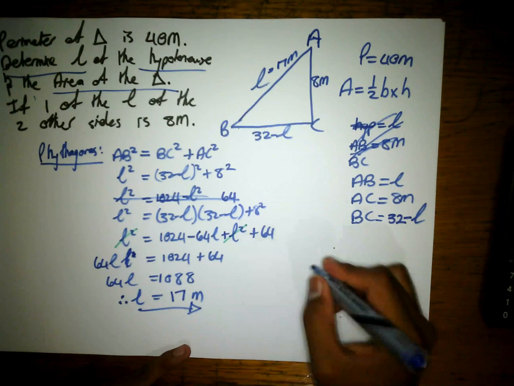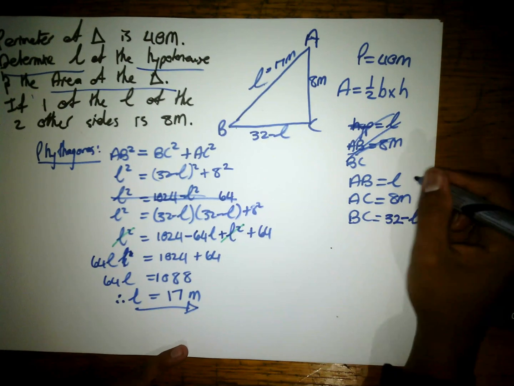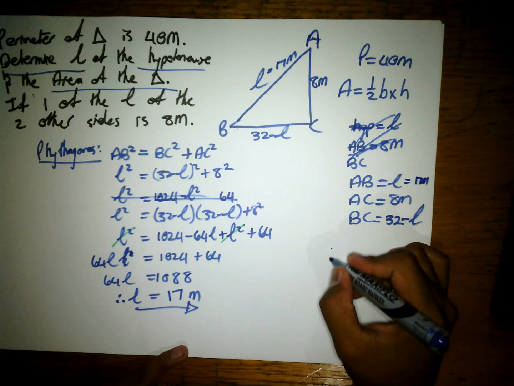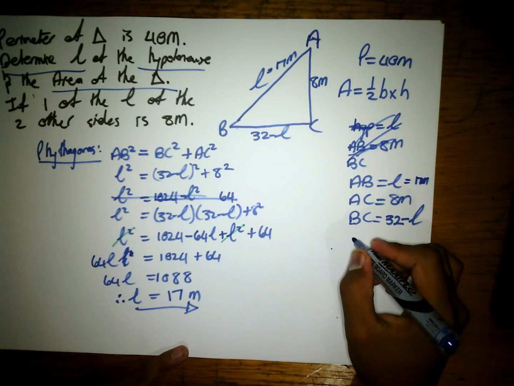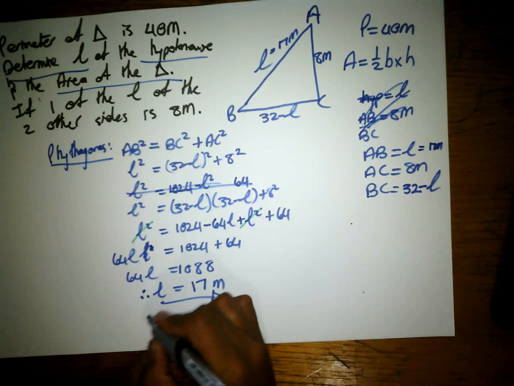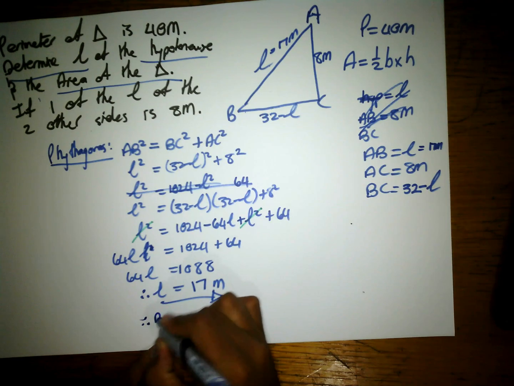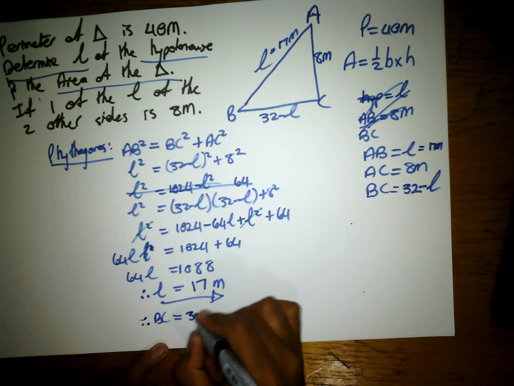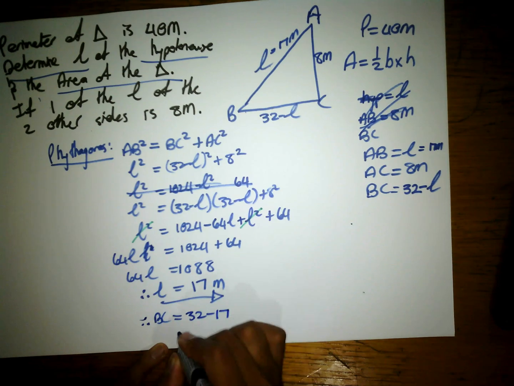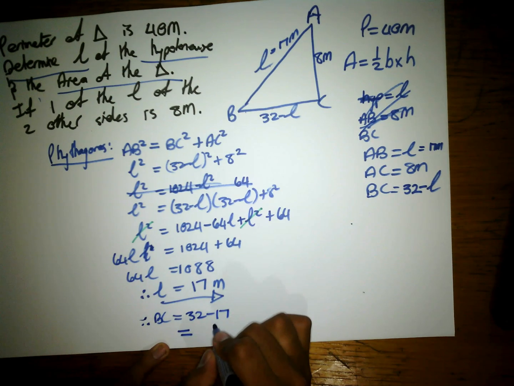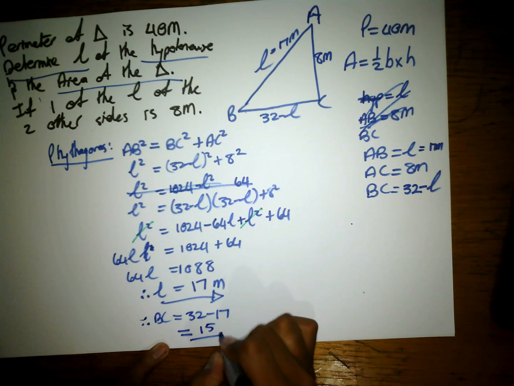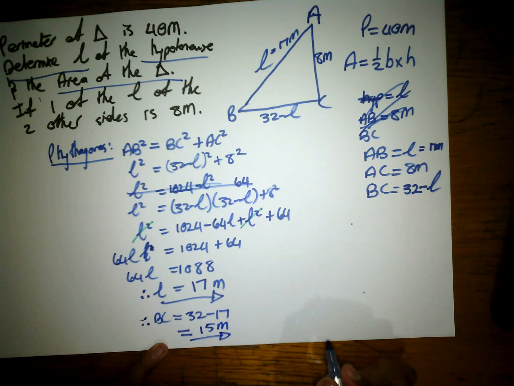Equals 17 meters. That means, therefore, BC equals 32 minus 17, which is equal to 15 meters.